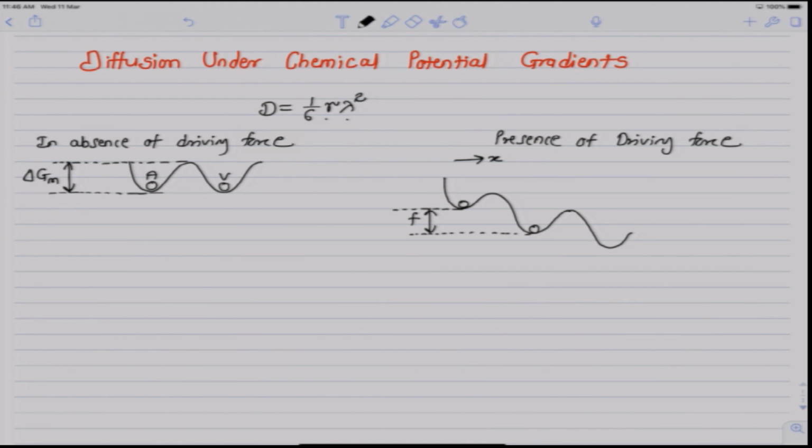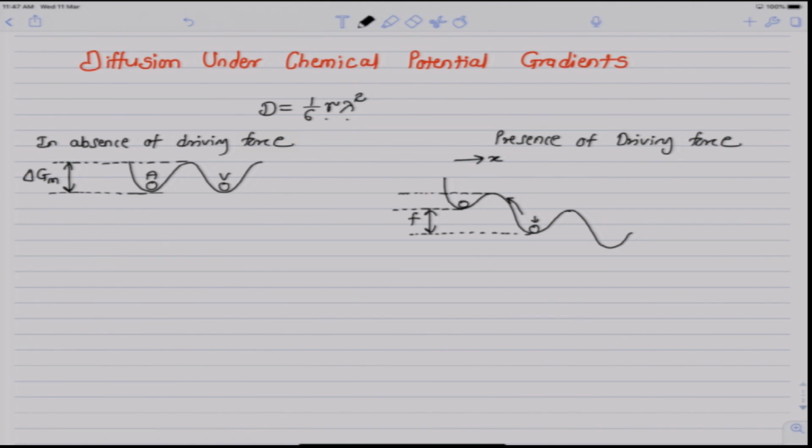For our class, let us call the jumps from left to right forward jumps and the jumps from right to left reverse jumps of the atom. For the forward jump, the atom has to cross a lesser energy barrier than for a reverse jump. If the atom in this position wants to jump back, it has to cross a bigger activation barrier than for the forward jump.